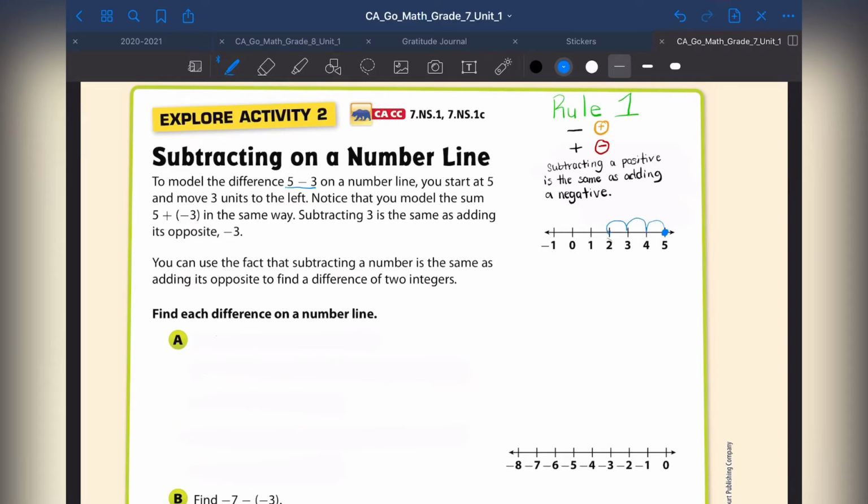You land on 2, and that would be your answer. So that is 5 minus 3. That's our rule. When you subtract a positive, it's the same thing as adding the negative.